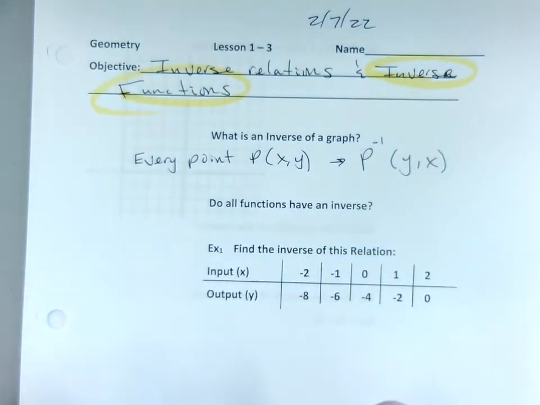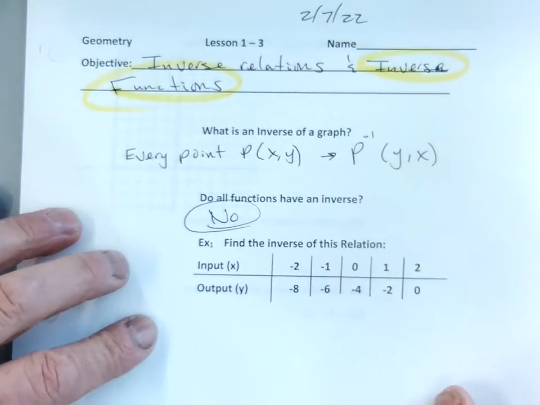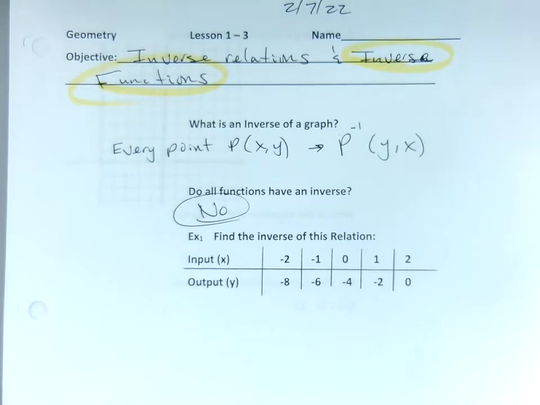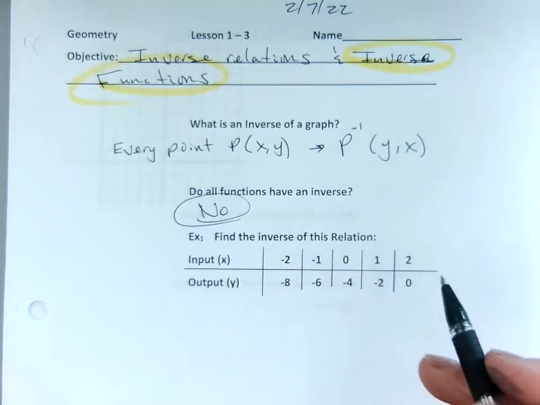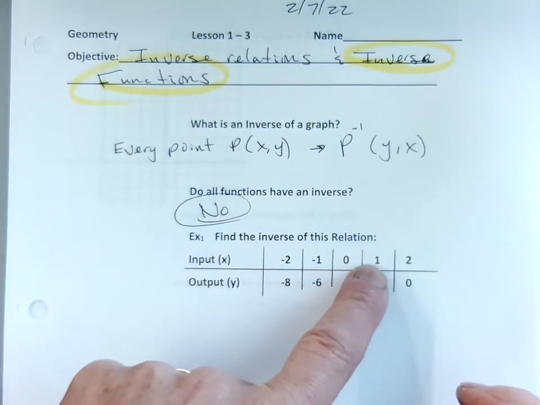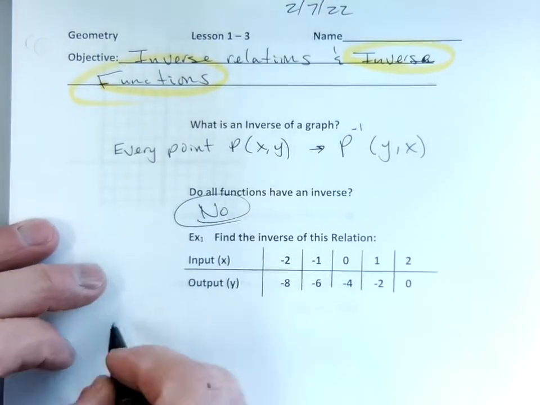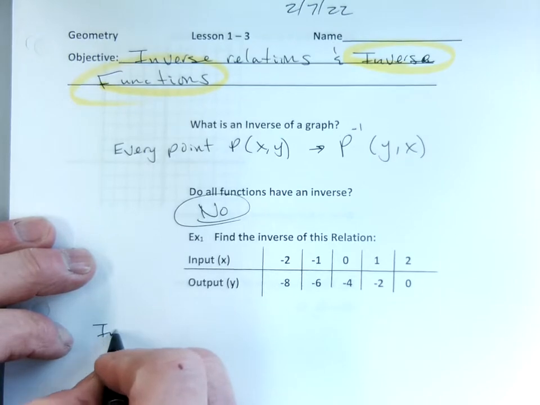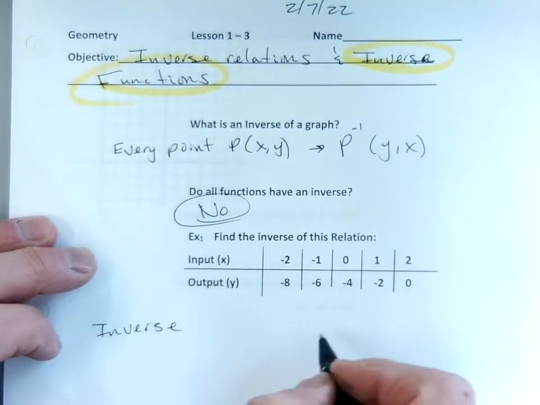So do all functions have an inverse? The answer is no. And I'm going to give you an example of that. So, example 1, find the inverse of this relation. Output negative 2, negative 1, 0, 1, 2. So my inverse would be this.